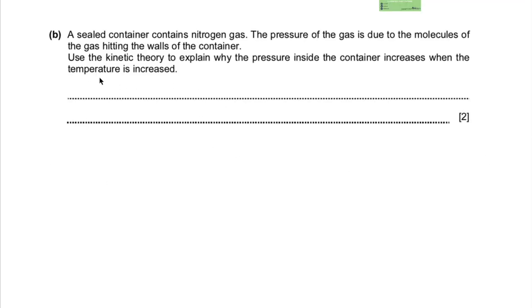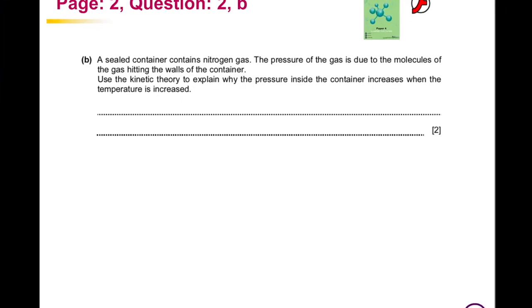Now, here's a question about pressure. They said, why does the pressure inside the container increase when the temperature is increased? So what does pressure have to do with temperature? Again, what do you say here? You say that higher temperature, and you're going to have to write neatly in the exam, increases what we call kinetic energy.